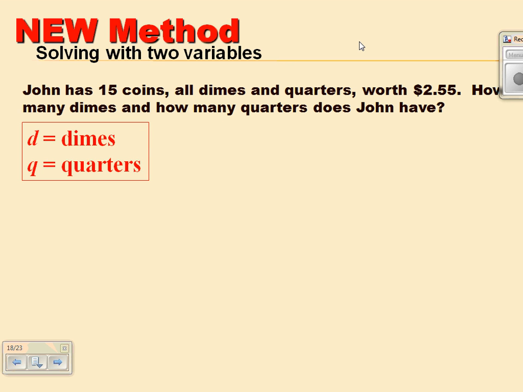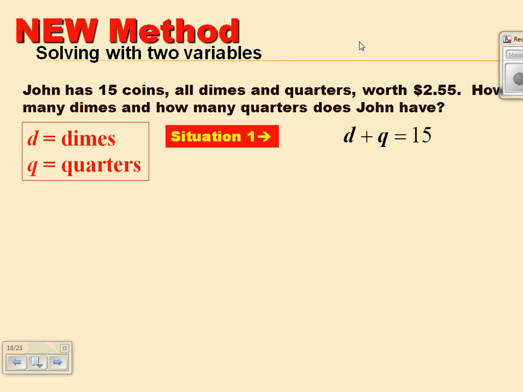So again, two different variables, D and Q. So what I'm going to do is write this using two different situations. So John has 15 coins. So I'm going to say the number of dimes plus the number of quarters equals the 15 coins.